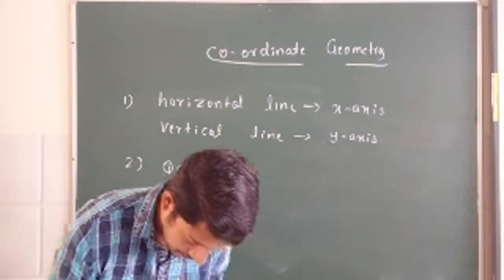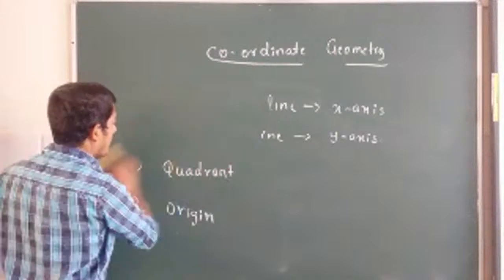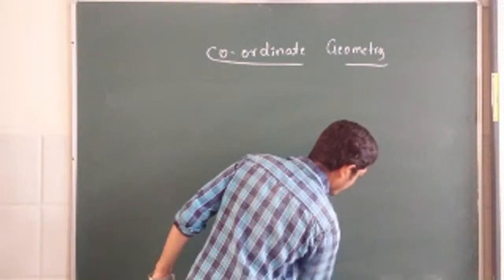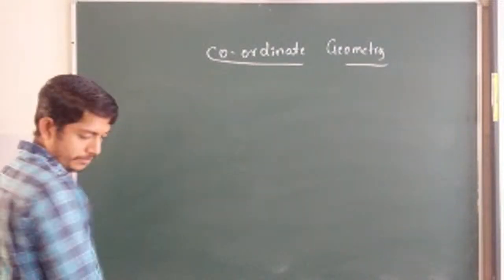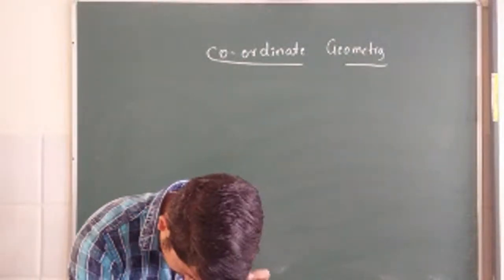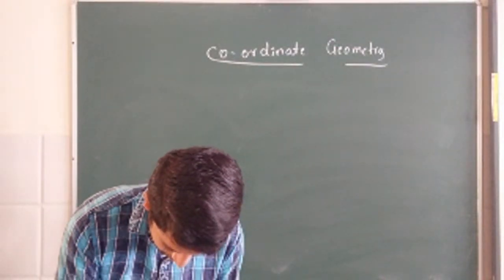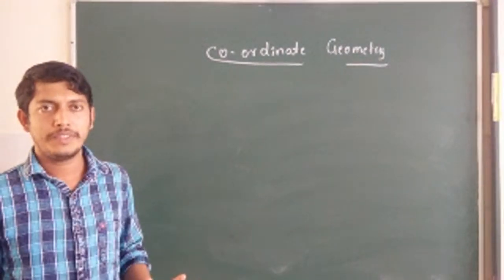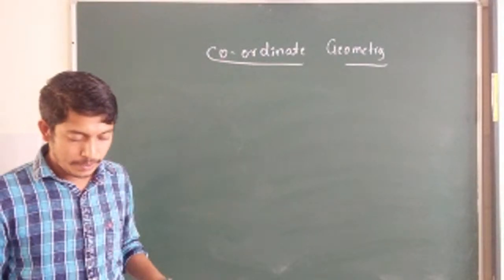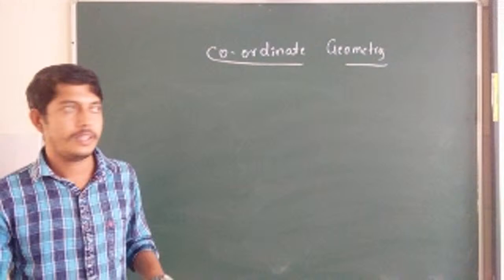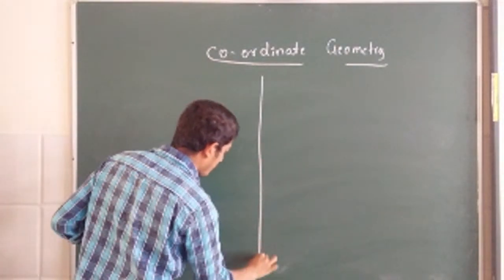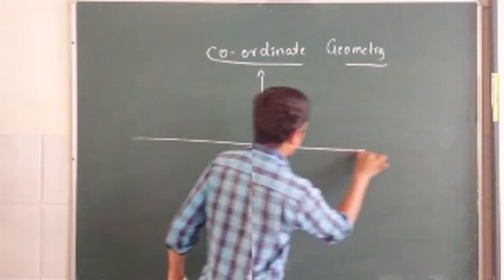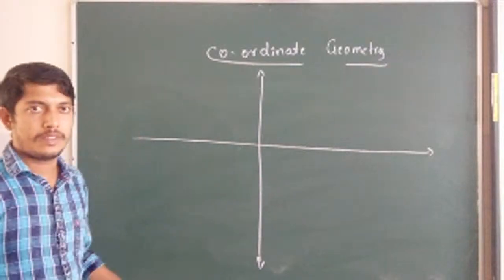The next one. Now one graph is given, and we have to represent the points. This graph is a rough graph.